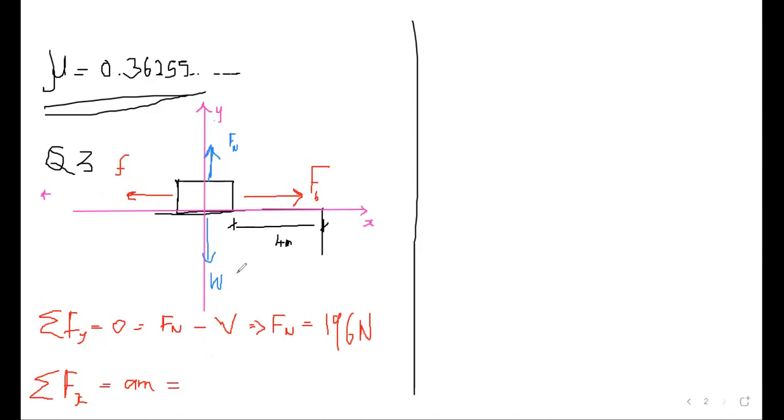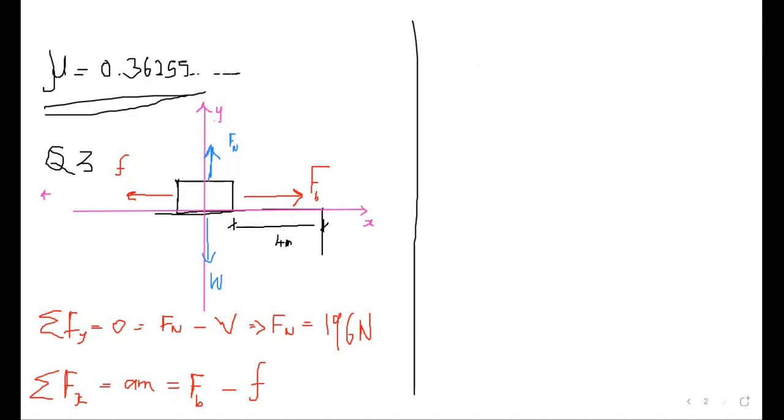Then what are these forces that we have? We have this force F going in that direction. We have FB minus the frictional force, which is F.